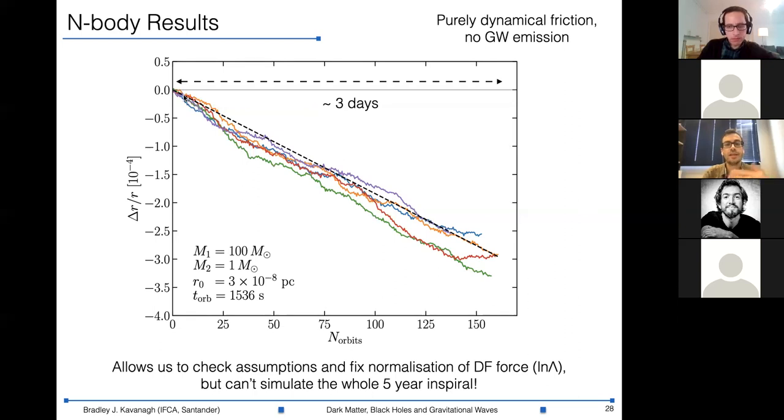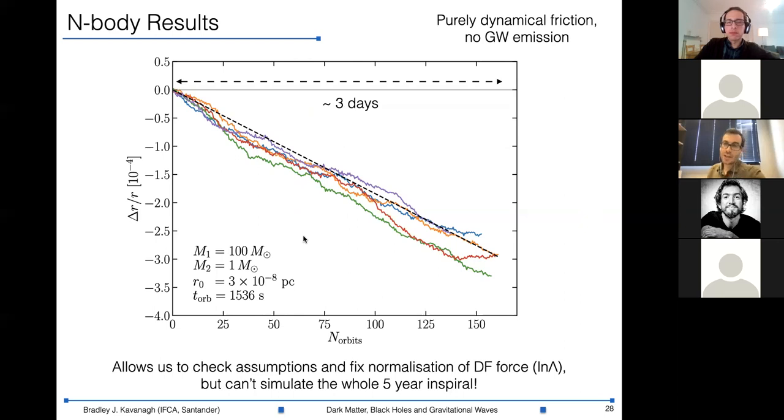As you can see, this system is slowly decaying. Here, I don't have any gravitational wave emission, just this dynamical friction force. The system is very slowly decaying, but this corresponds to a time scale of about 3 days. And in fact, this was taking about 3 days to run.